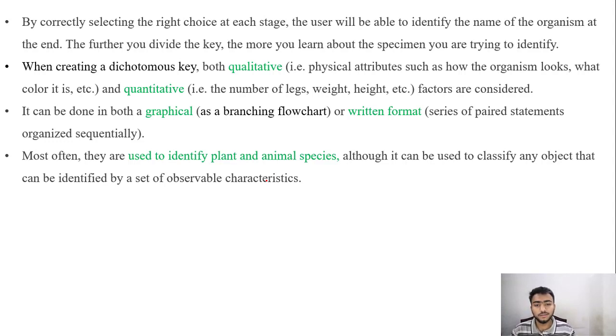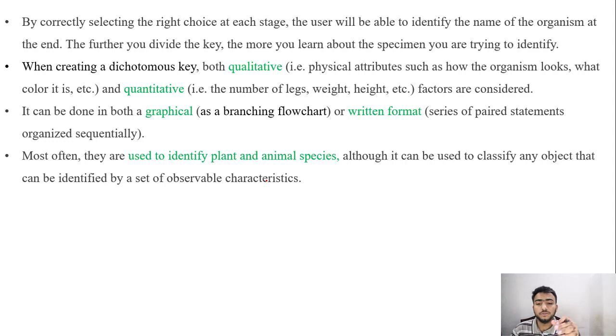So what happens is that by correctly answering the questions that are being posed to you, you are narrowing the choices that are available to you, and are able to identify precisely the living organism that's in context or that's being talked about.